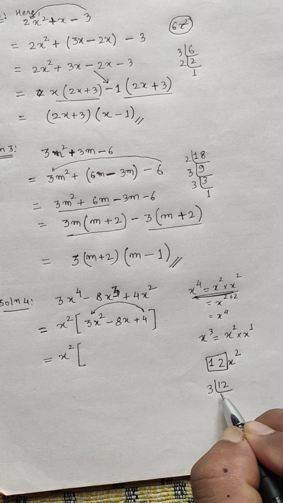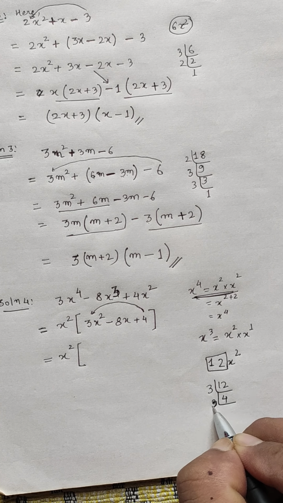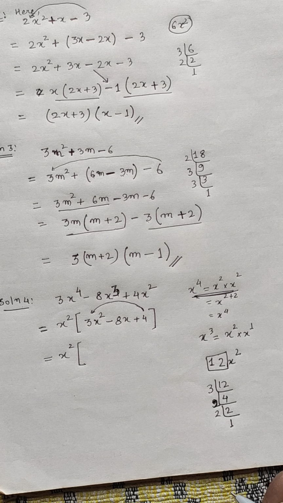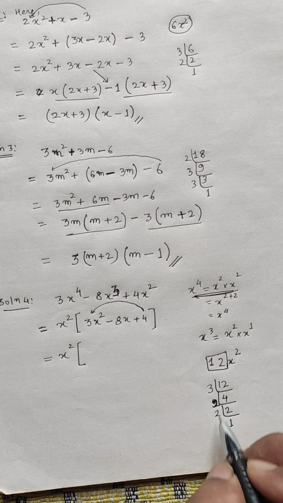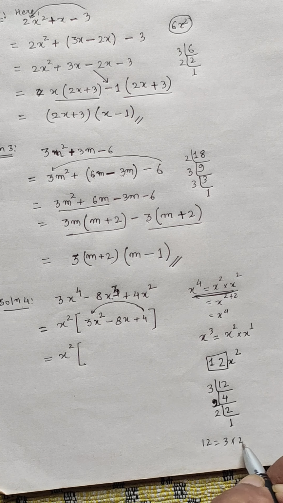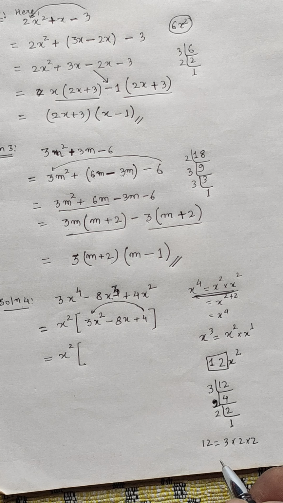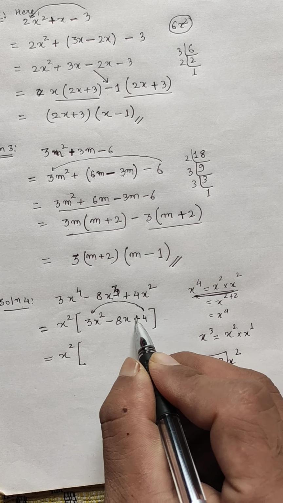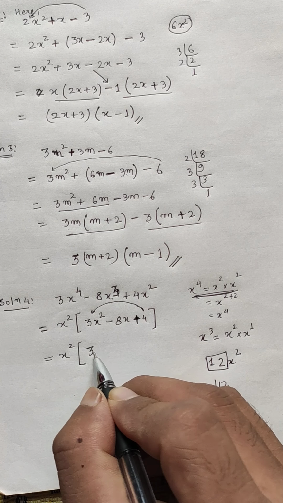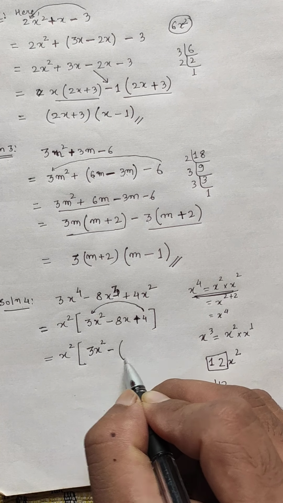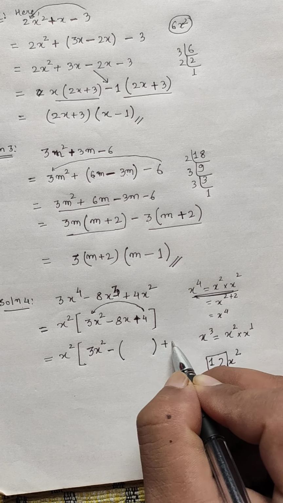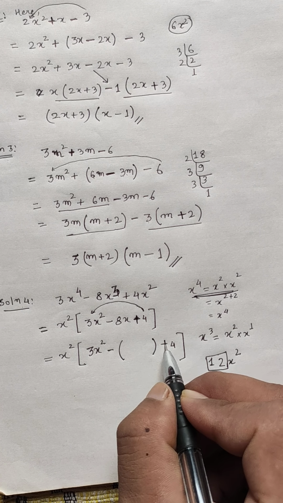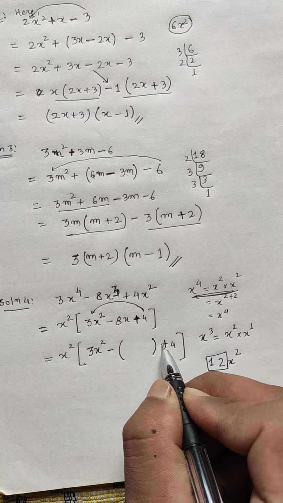The factors of 12 are 3 times 2 times 2. First I told you to keep the sign in your mind. So it becomes, first we write as previously, plus 4, and the last term has sign plus.